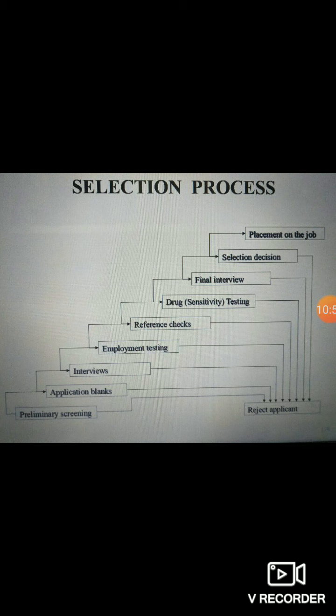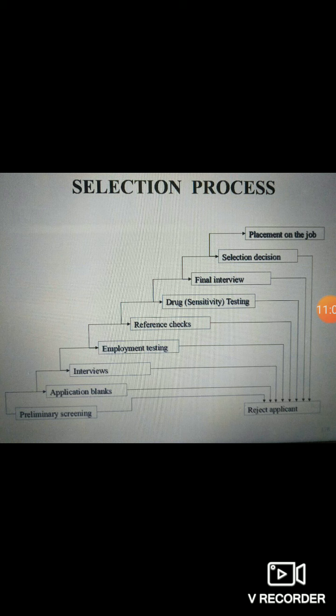After the reference check completion, we'll take the rest of the people. Those who are selected at the reference check will be taken to drug testing and or drug sensitivity testing.